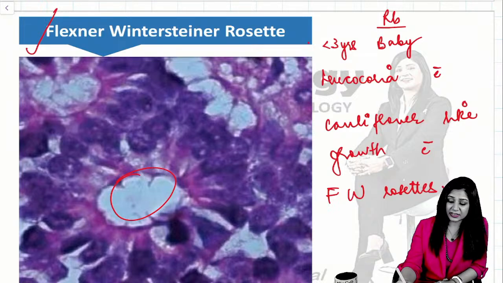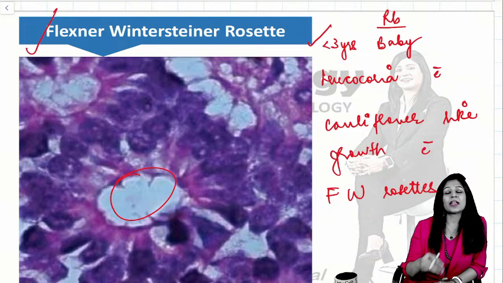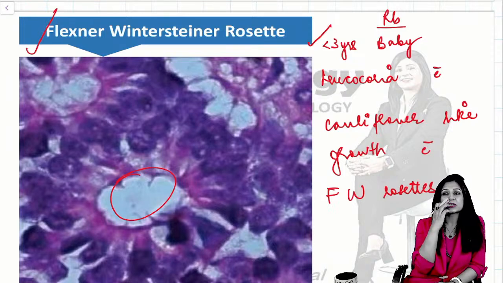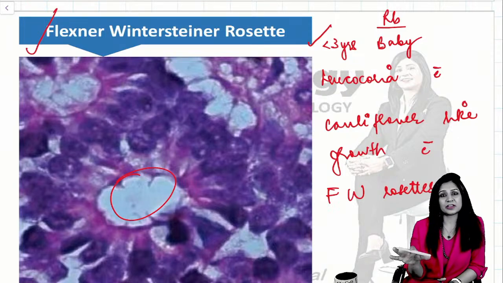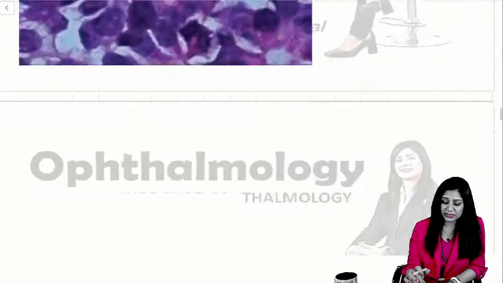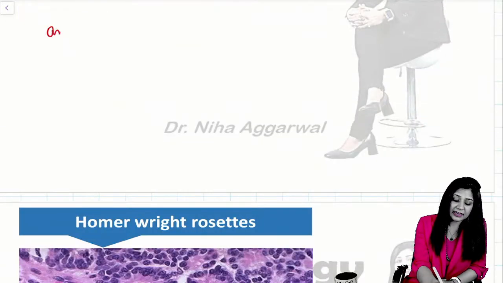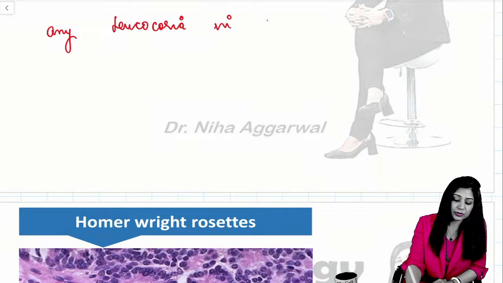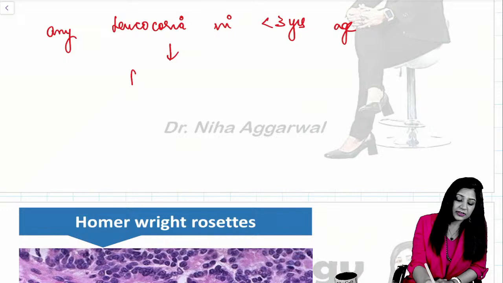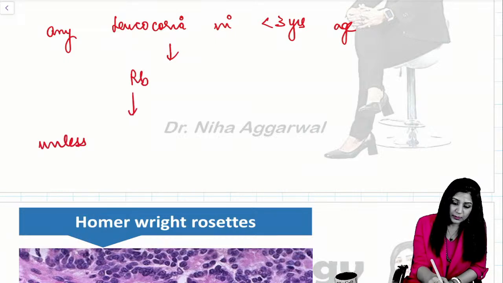We have a less than 3 years ka baby hai, leukocoria hai, cauliflower-like growth hai, and usually they write in theory that there are Flexner Wintersteiner rosettes, so you know that it is retinoblastoma. And always remember that any leukocoria in less than 3 years of age should be considered retinoblastoma unless proved otherwise.